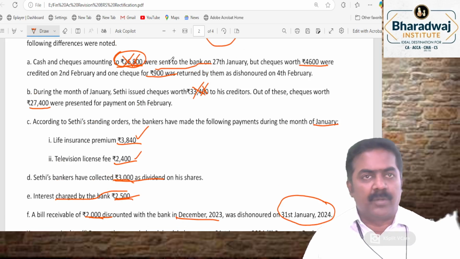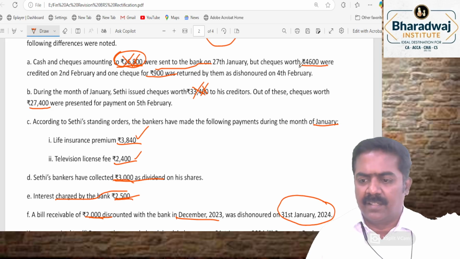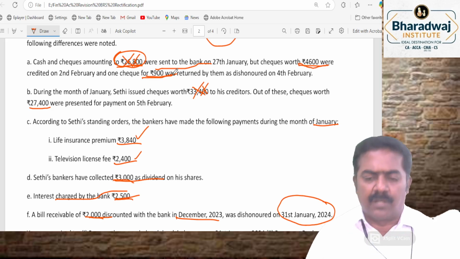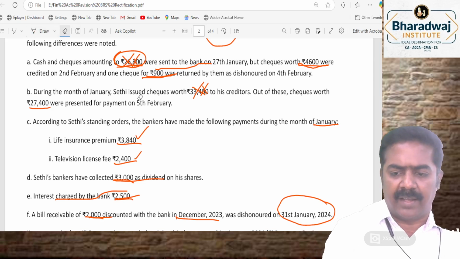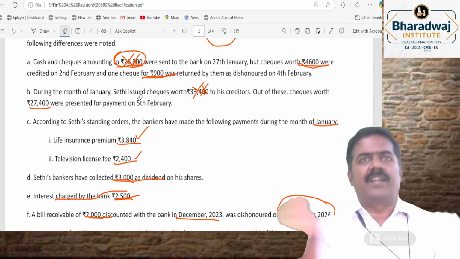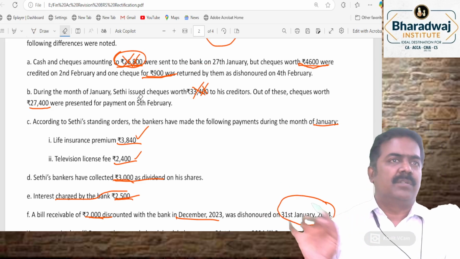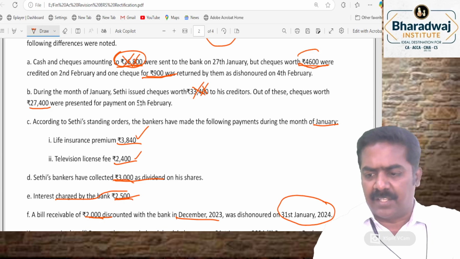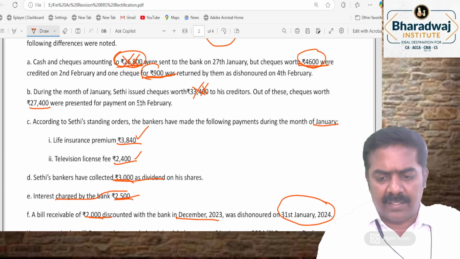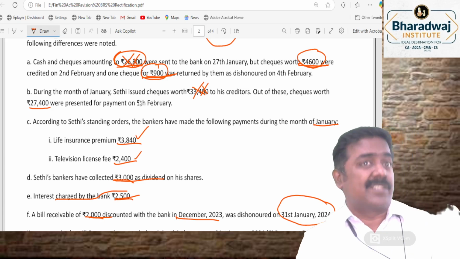We are not bothered about 26,800. We have added this 4,600 while sending the check, and this 900 also we have added. Banker has not added. What to do?